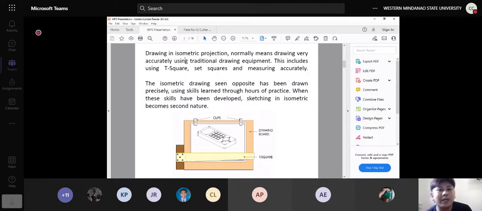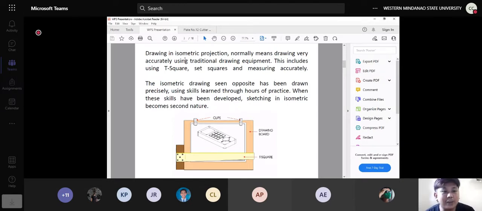We need T-square, set squares, and if we have isometric circles, then definitely we also need our compass, or the ellipse templates. Because as you can observe, our isometric circles are just ellipses. But since they are presented in isometric projection, it looks like our circle itself is an ellipse.